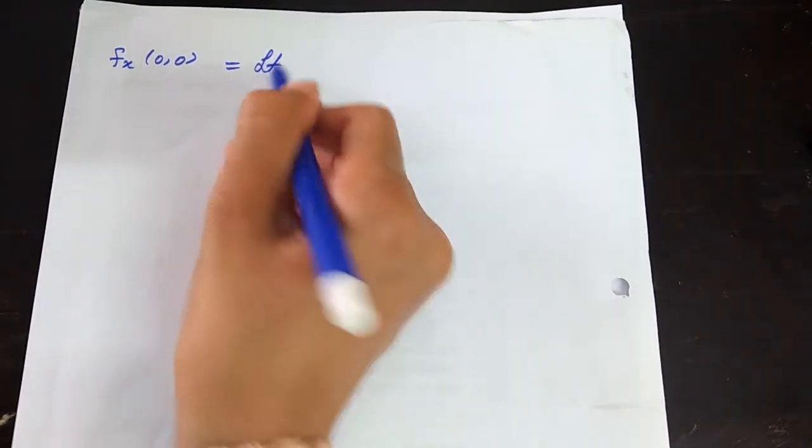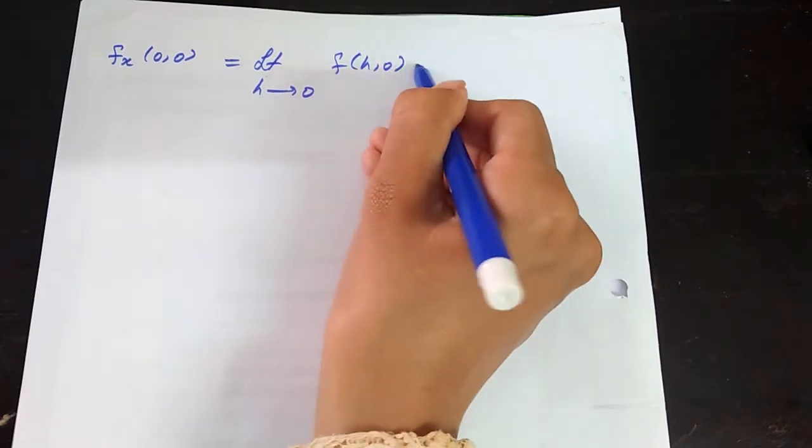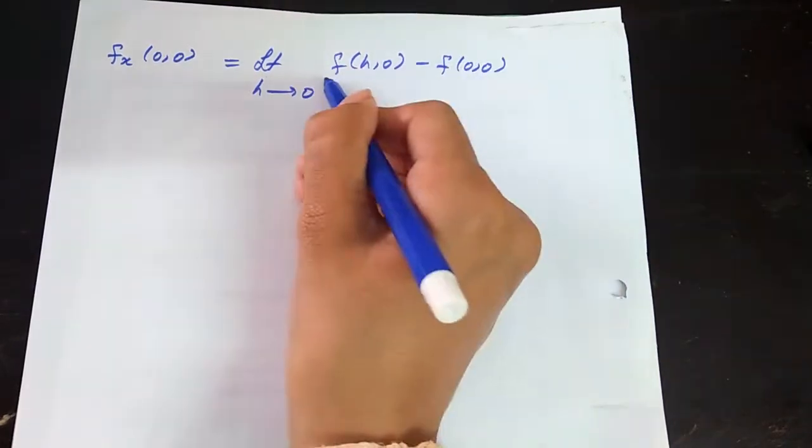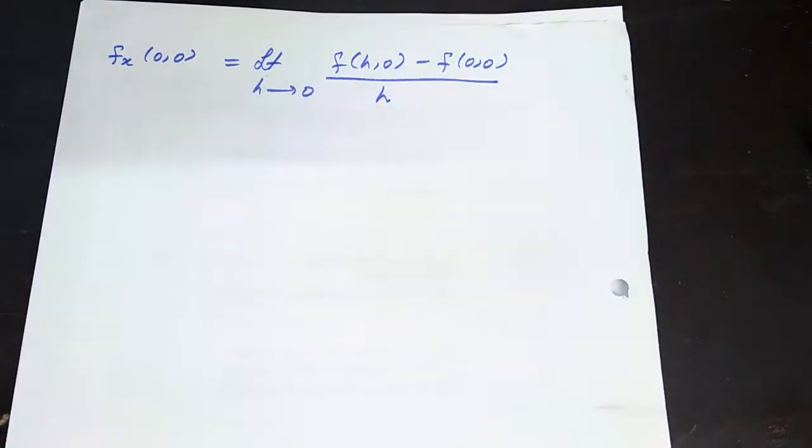For that purpose, we have to apply the formula for the partial derivative that you know very well. Fx of 0, 0 is equal to limit h approaches to 0, f of h, 0 minus f of 0, 0 divided by h. Now what was our function here?